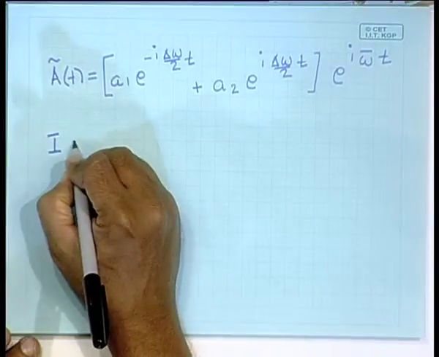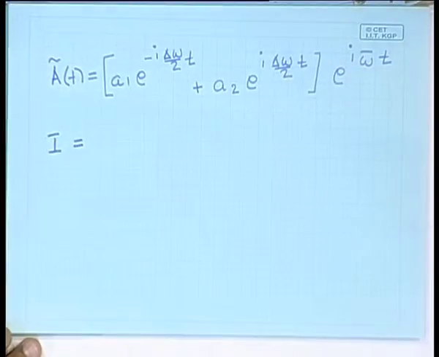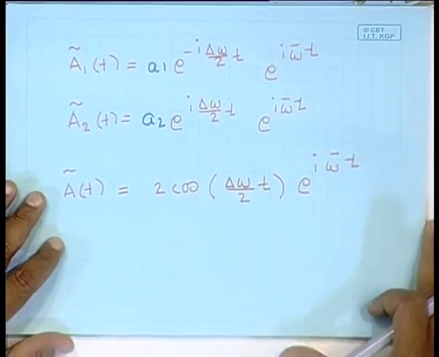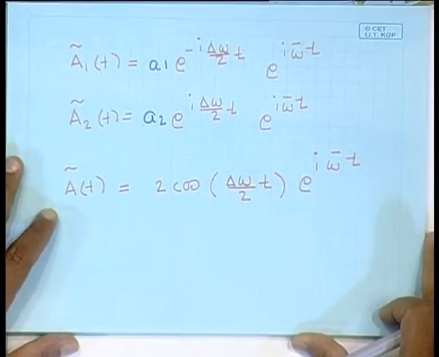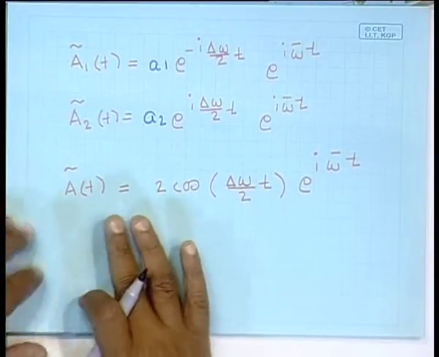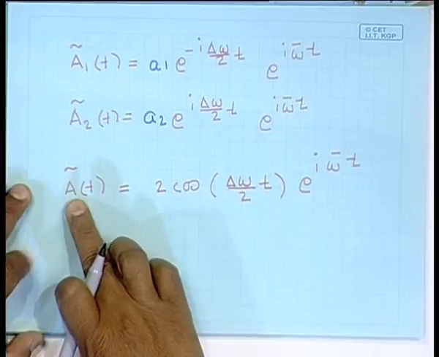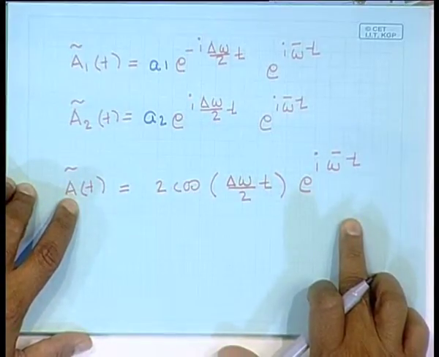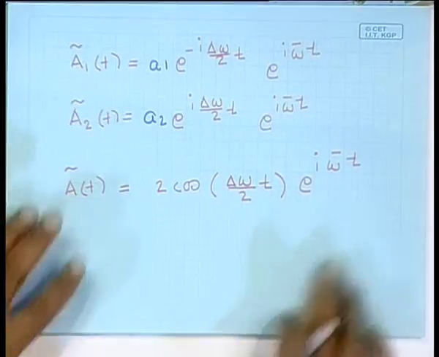Okay, before going into the question of the intensity, let me just come back to this. Suppose I had exactly the same amplitudes, then this would be the result of the superposition, and the question is now how to calculate the intensity.